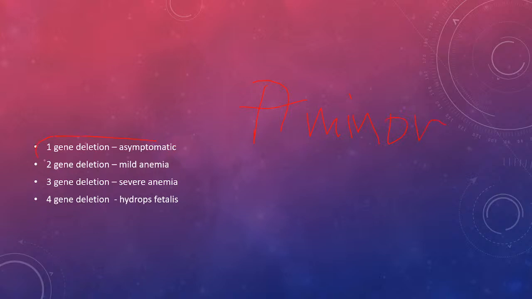Because you only have one gene deletion, so the symptomology is not there. The other deletions would be alpha thalassemia major. Why? Because there is appearance of symptoms, mild anemia and symptoms. And minor is actually a carrier state. It's actually a carrier. So please don't forget these 4 types of deletions.